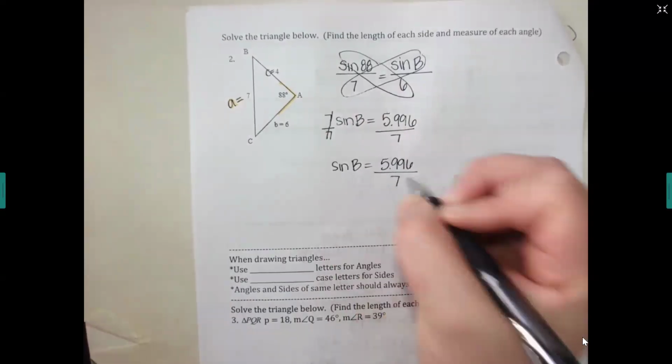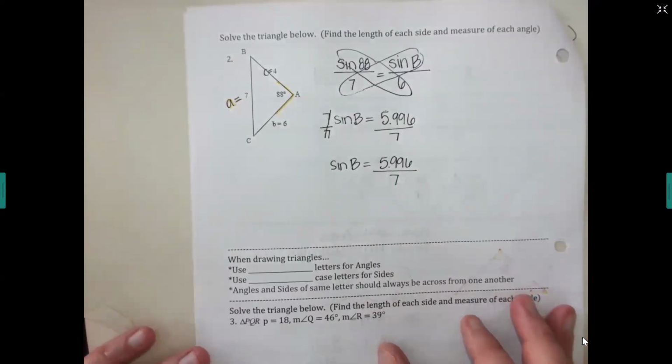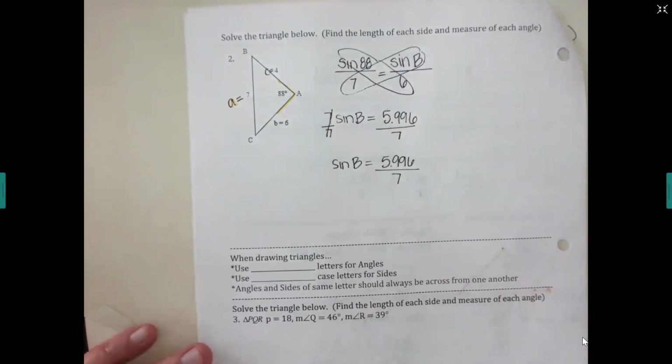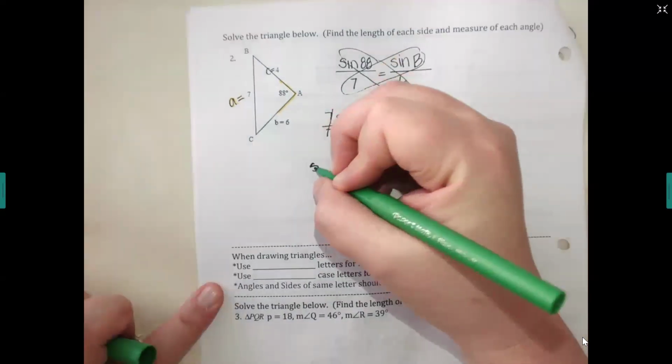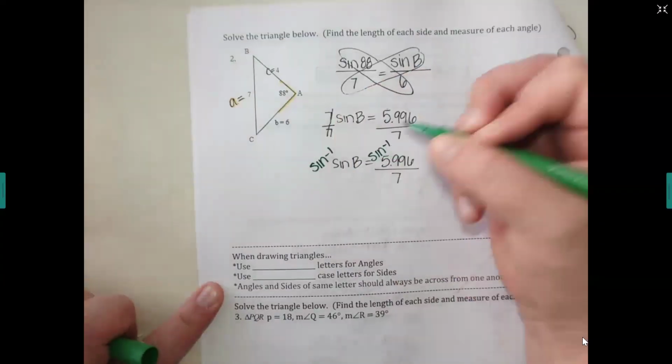5.996 over 7. Okay, we just learned last class how to get rid of the sine in front of the b. Do you remember? Inverse or second sine on your calculator. So we're going to do sine negative 1.